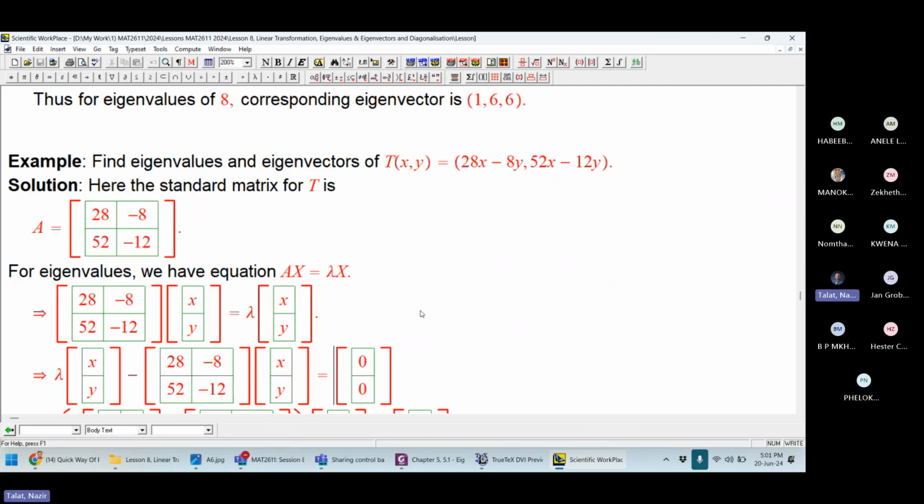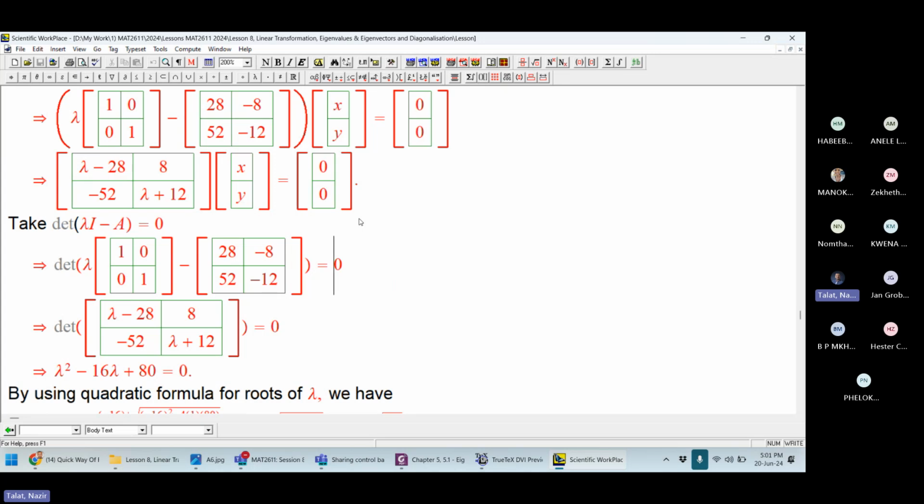Here you can get the standard matrix A. The standard matrix for T is this matrix, which you can get from the entries in column or row form, and just solve Ax equal to lambda x. Then it will give you the characteristic polynomial, and the solution of this characteristic polynomial is actually the eigenvalues.